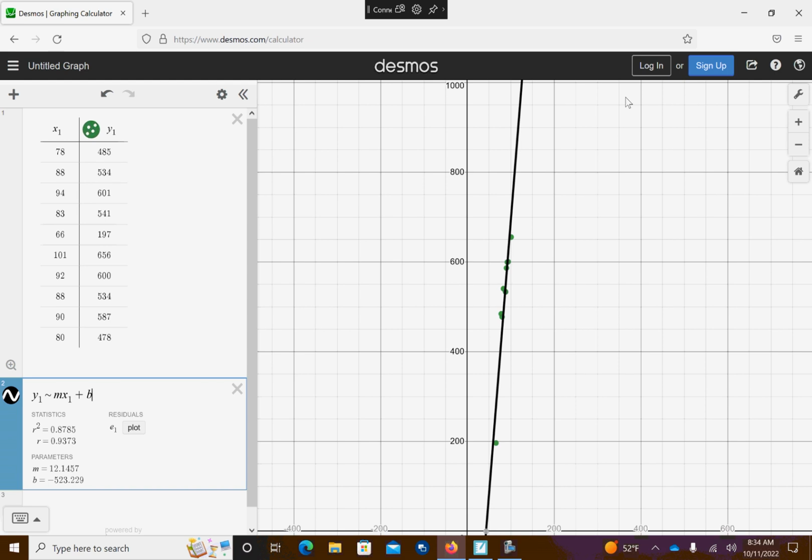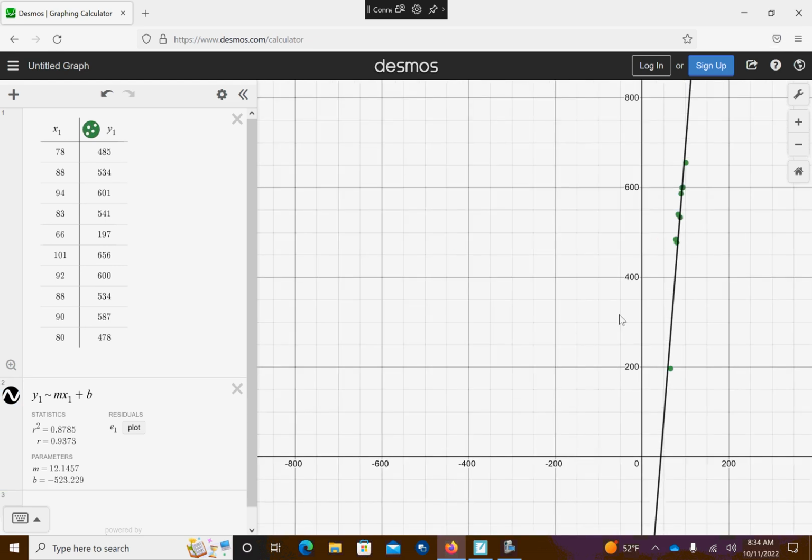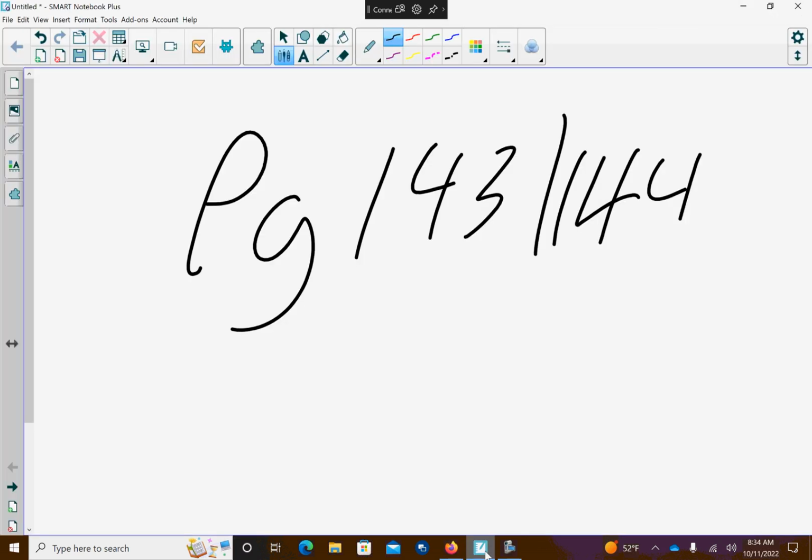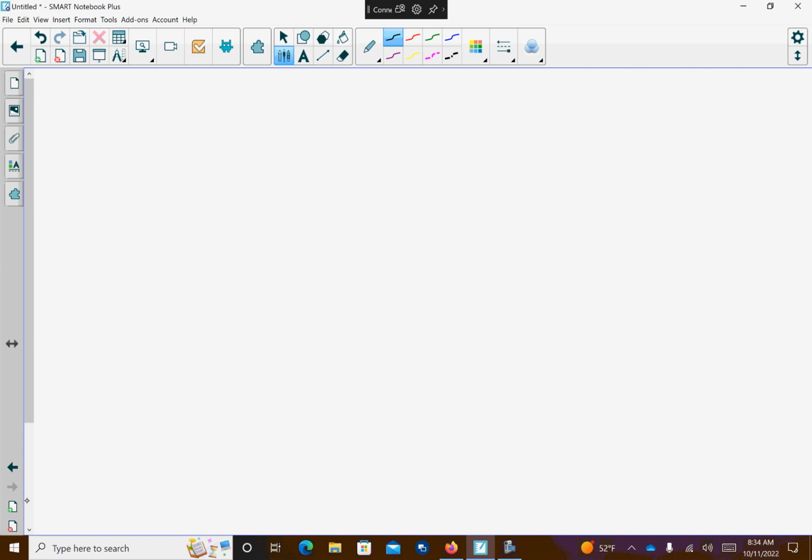All right, so our data will say, who came in? So now we can recognize that we have this equation that would have worked. So y equals 12.14 x minus 523.2.